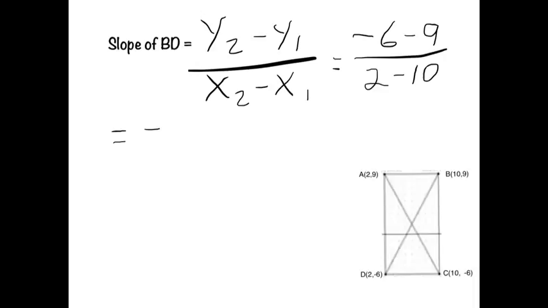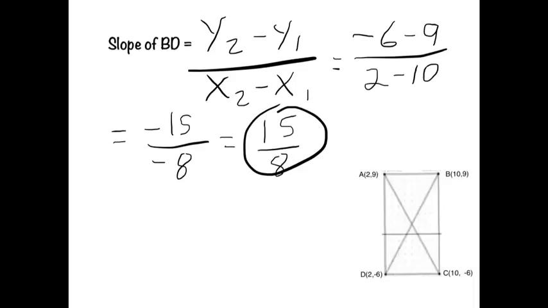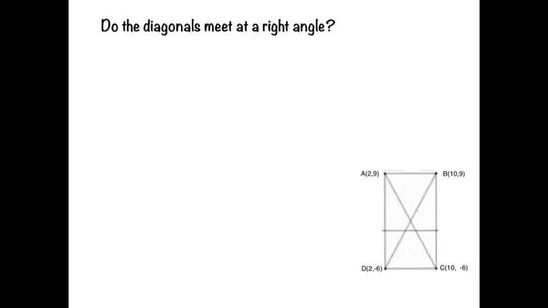So this gives us negative 15 divided by negative 8, which a negative divided by a negative is a positive. So that's the same slope, just with a different sign as the line that intersects at the other diagonal. Do the diagonals meet at a right angle?